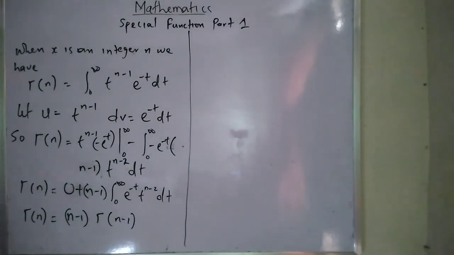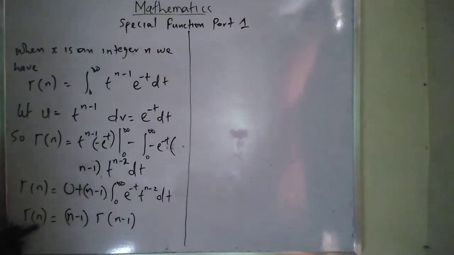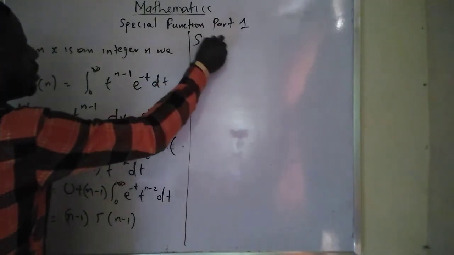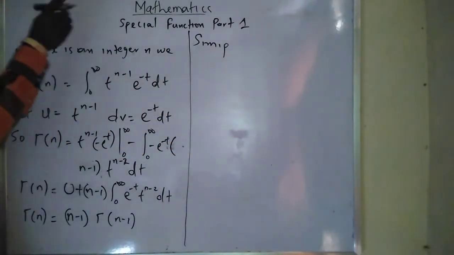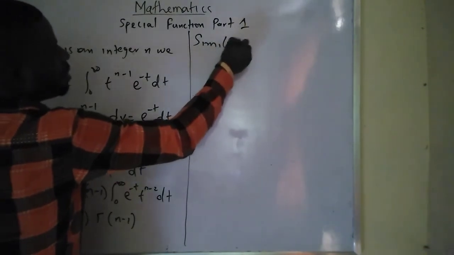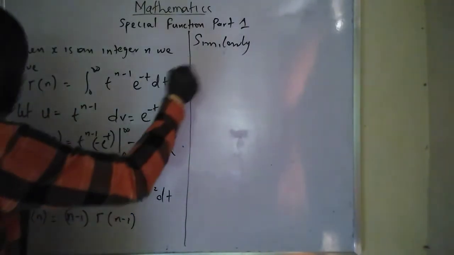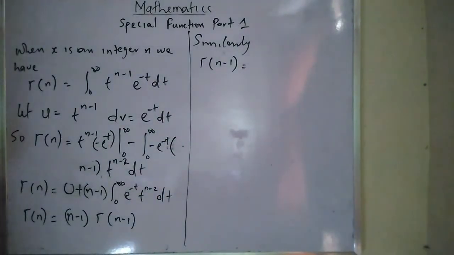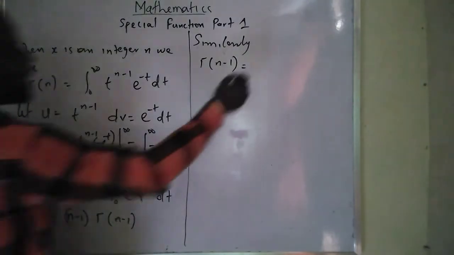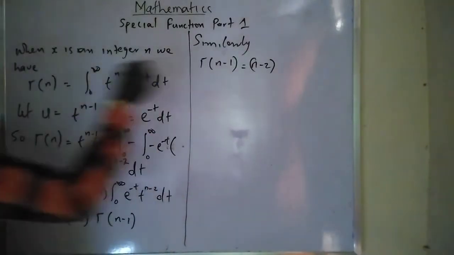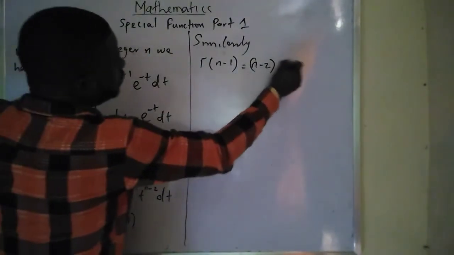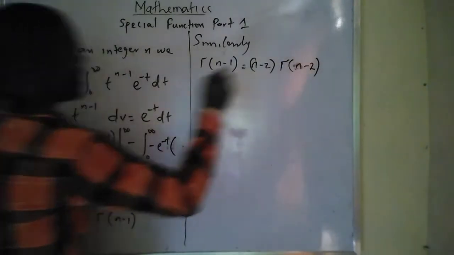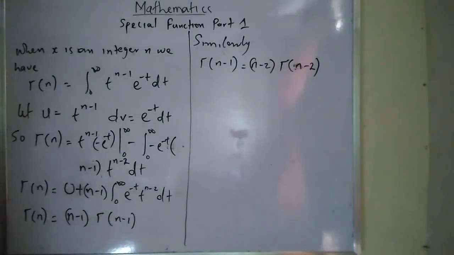Since I have that, it means gamma of n equals n minus 1 times gamma of n minus 1. If I move on to the next one, similarly, my gamma of n minus 1 will be equal to n minus 2 times gamma of n minus 2, and so on and so forth.